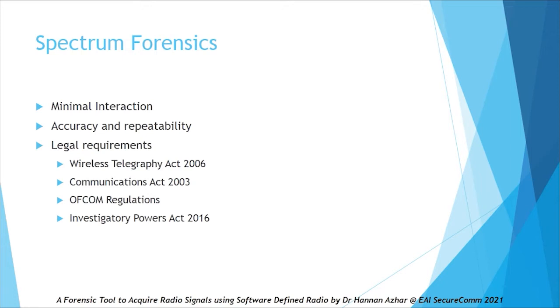You need to document it very clearly so that it is accurate and repeatable if the same devices and same techniques are used. That will create the authenticity of the evidence gathered. And this is an area of network forensics, or live forensics.